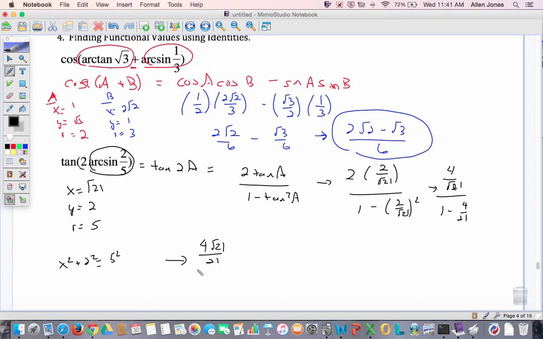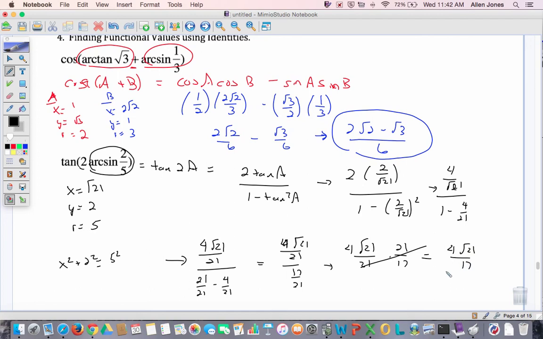I'm going to slide down here to finish. So I'm going to rewrite my numerator in simplified form. So I change 4 over square root of 21 to 4 square root of 21 over 21. And then 1 minus 4 over 21, I'll write it out in 2 steps. 1 is 21 over 21 minus 4 over 21. Gets me 4 square root of 21 over 21 over 17/21.